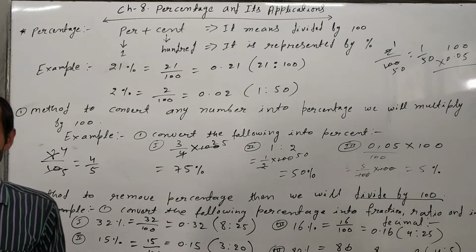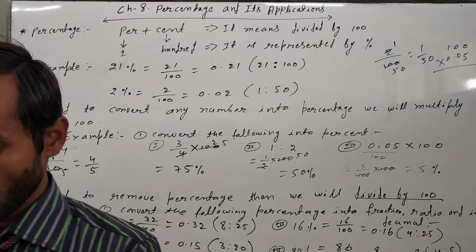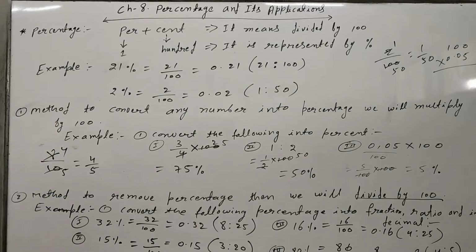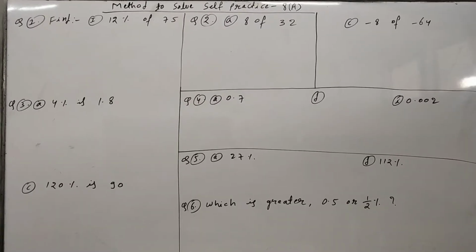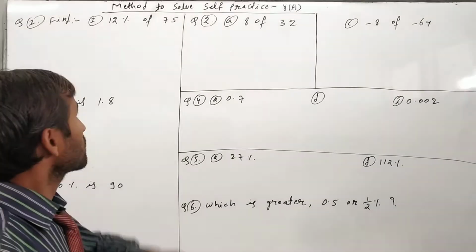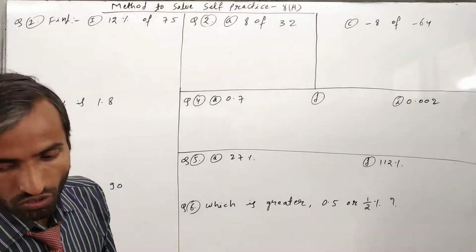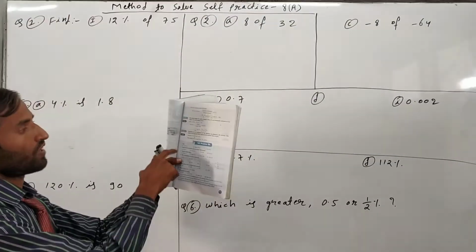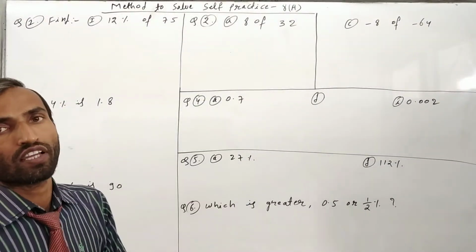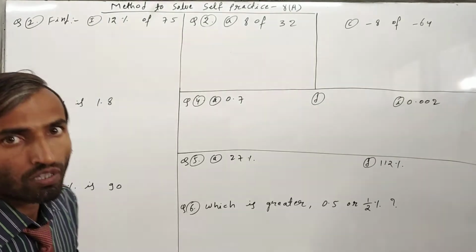Now we have to solve the exercise, Self Practice 8A. For that I will explain one by one. Just read the question number first. We have to find the value, whatever percentage and number are given.